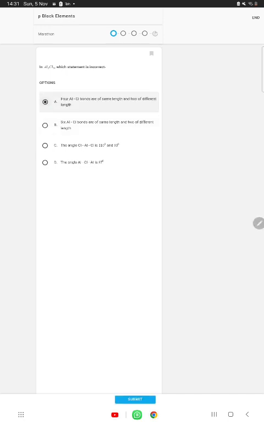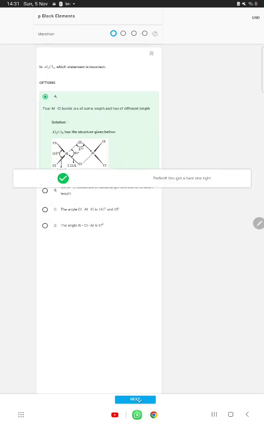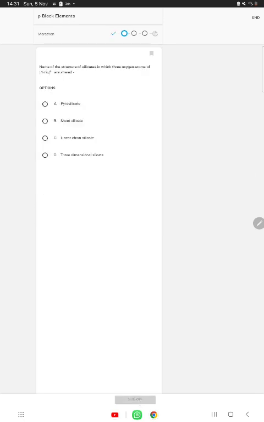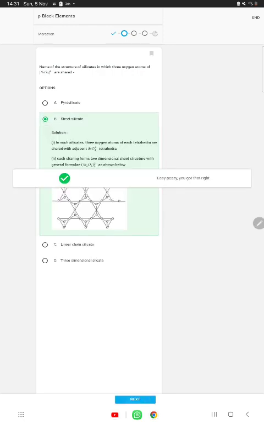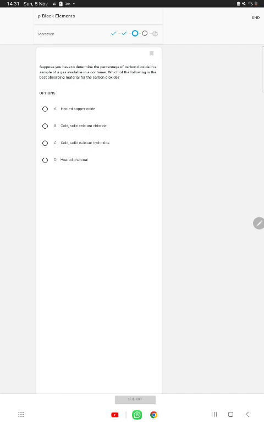Option A. Name the structures silicates in which 3 oxygen atoms. So seed silicate. Suppose you have determined the percentage compound of the carbon dioxide.